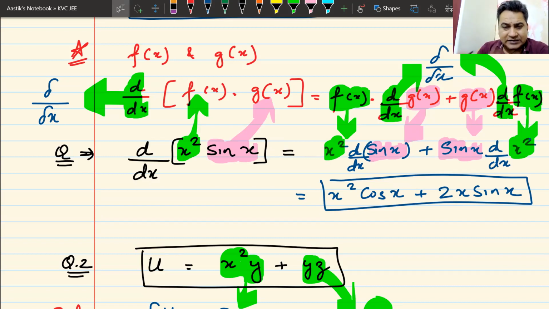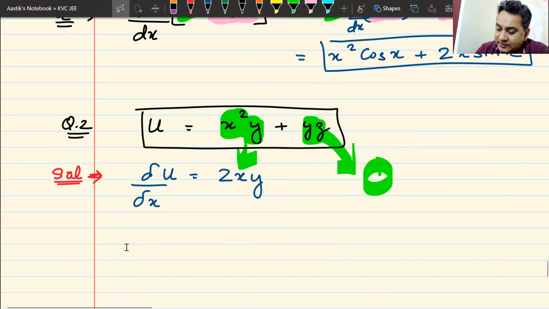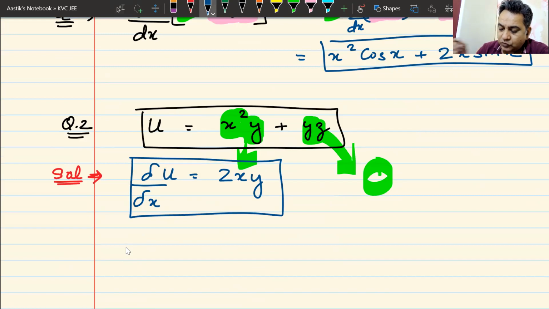That goes away. Then the second function, which is y, multiplied by the partial derivative of x squared. Partial derivative of x squared is 2x. So my final answer becomes 2xy. That is the partial derivative of u with respect to x. Do we understand this? Can I have some raised hands that we understand this?